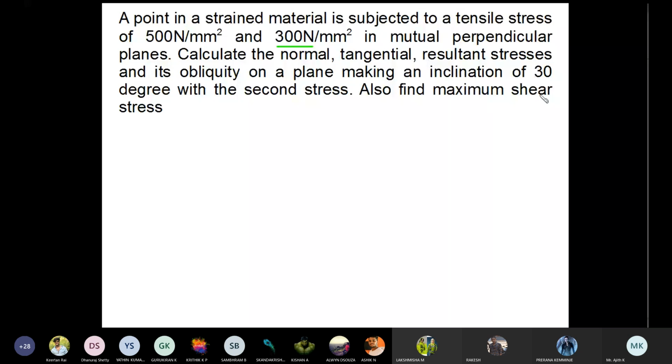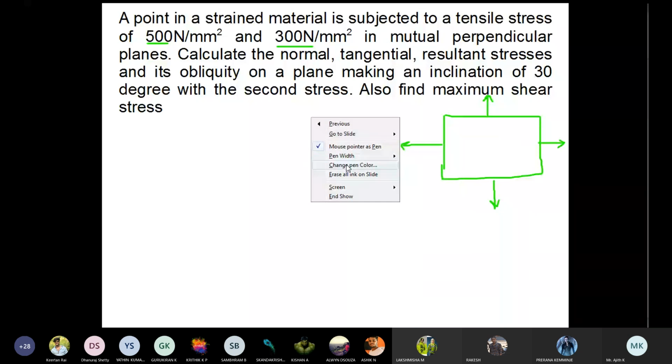So you can draw one. Two stresses are acting, sigma x and sigma y. Here it is not mentioned out of these two values, 500 and 300, which is sigma x and which is sigma y. You can assume 500 as sigma x and 300 as sigma y.